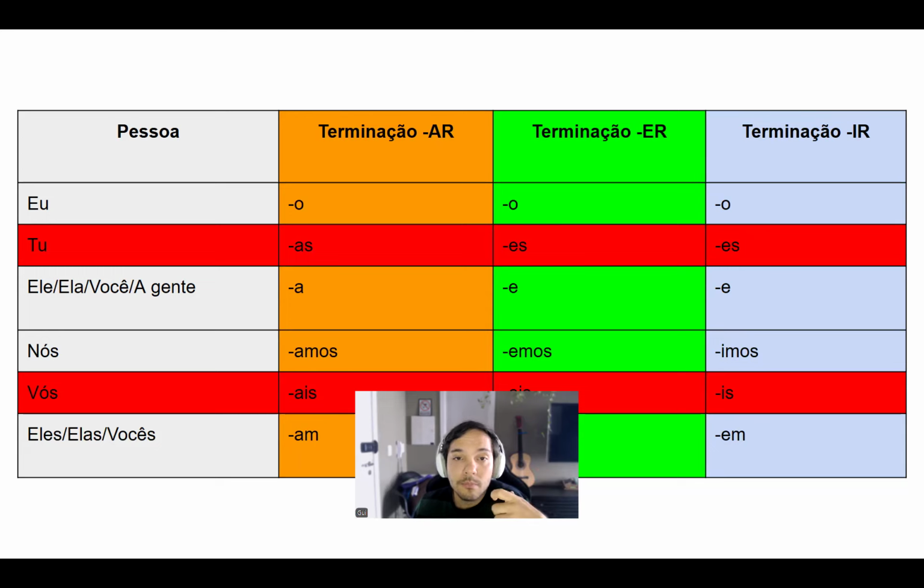Because let's say the sounds, it's going to be the same, and you're going to be able to say, oh, this is a present, this is a past, okay? But also figure out these patterns. I believe it's important. Most of the cases that I saw, people don't understand this because first they start with eu, after they start, let's say, with eles, elas, vocês, and then after, so they don't see everything together in the big screen.